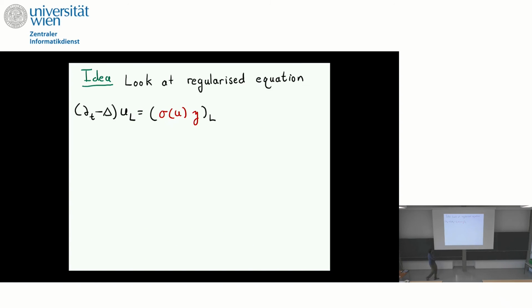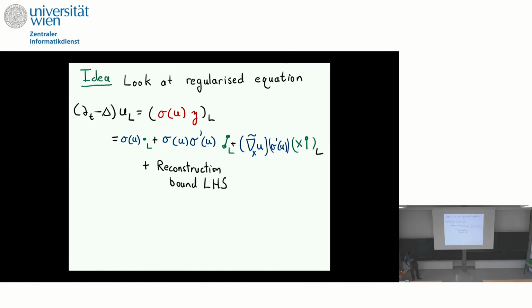And so the idea here is to look at a regularized equation. And so here UL just means I'm regularizing with this average of scale L. The thing is that this equation isn't quite closed, but if I'm regularizing a product, that seems very different than working with regularized factors.